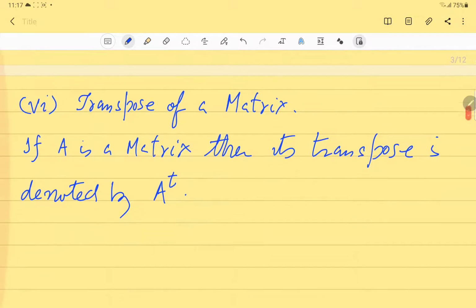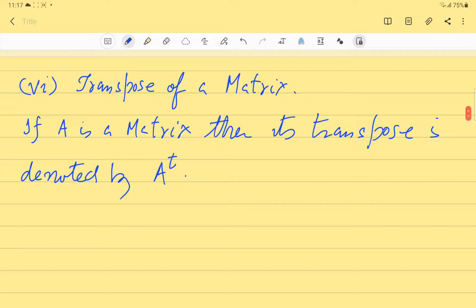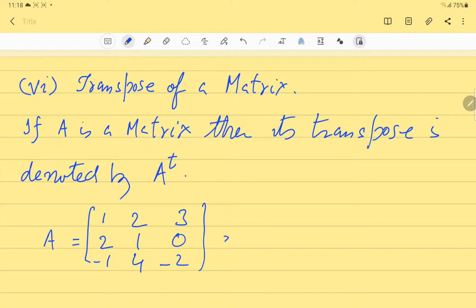Let us take some examples. If A is equal to 1, 2, 3, 2, 1, 0, minus 1, 4, minus 2. Now, how will we form a transpose of this? Very simple. How many rows does it have? It has 3 rows. Let us mark those rows.